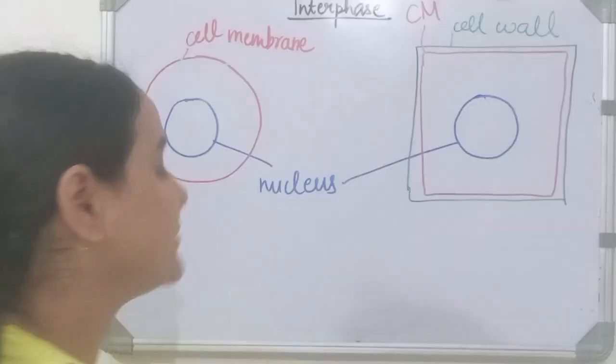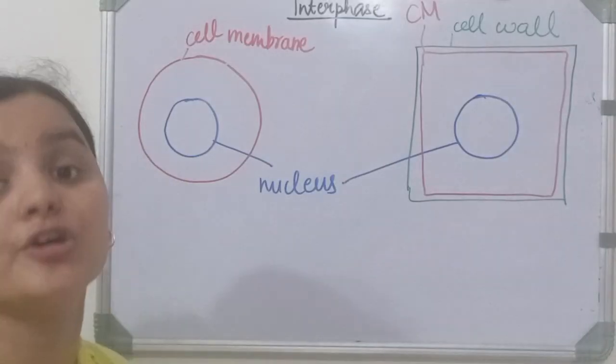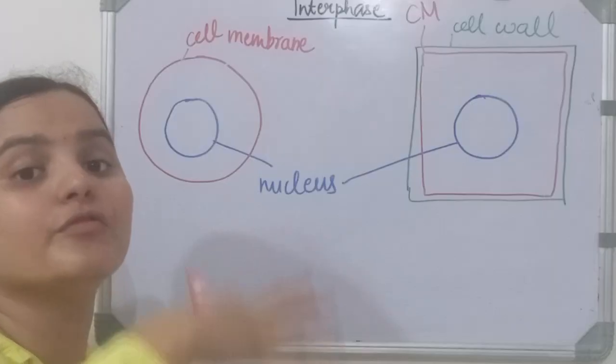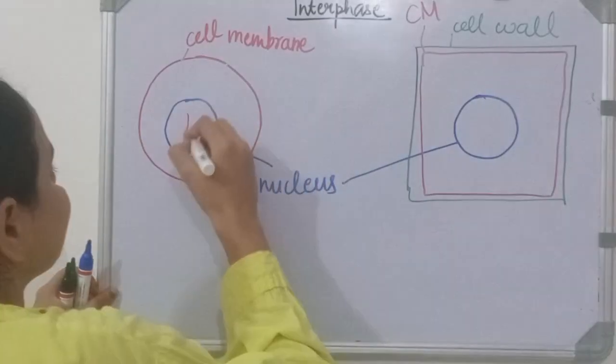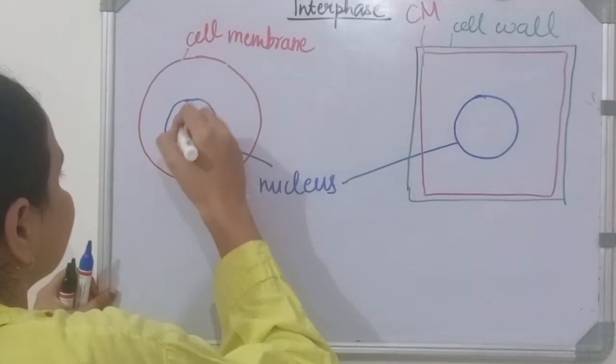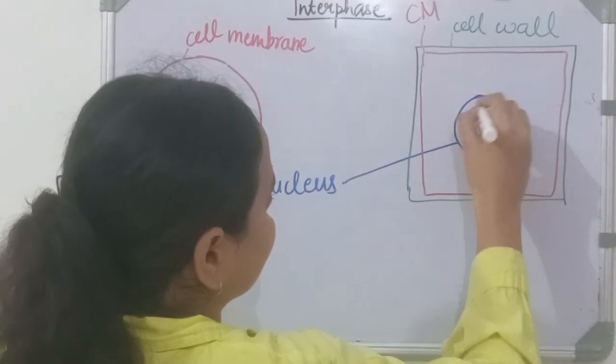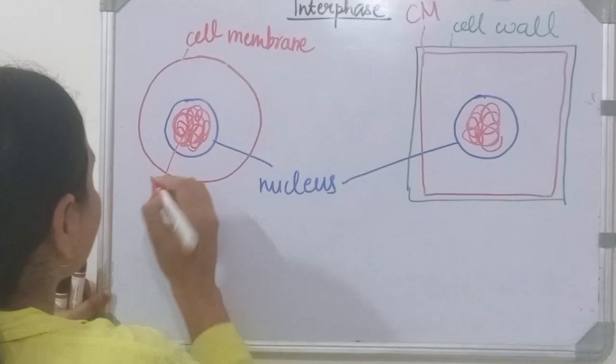And inside nucleus we have our chromatin fibers, which condense in the form of chromosomes. This chromatin fiber contains our DNA. So this is our chromatin fiber.